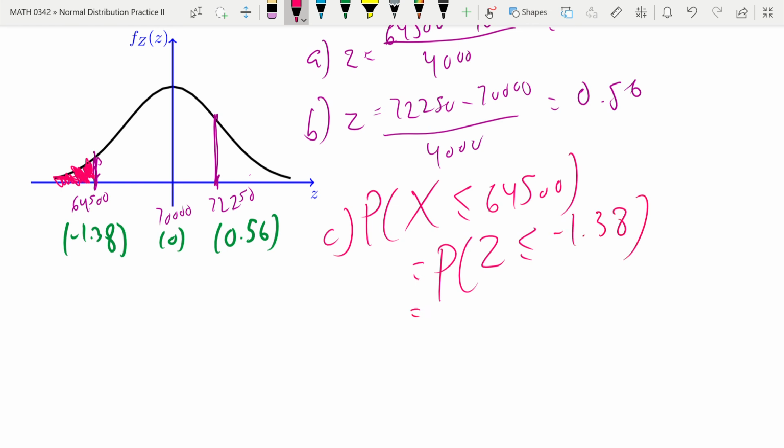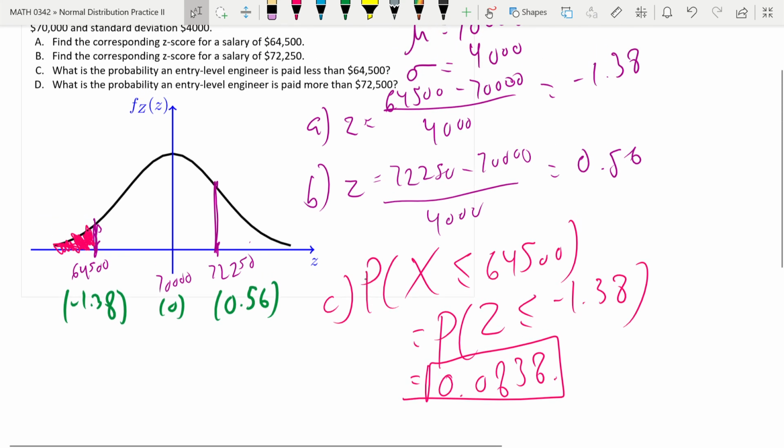And this is just a simple table lookup, since our tables give areas to the left. And when we look at our tables, that probability is 0.0838. So there is an 8.38% chance that an entry-level engineer will get paid less than 64,500.